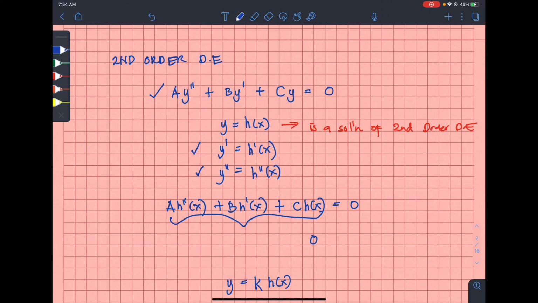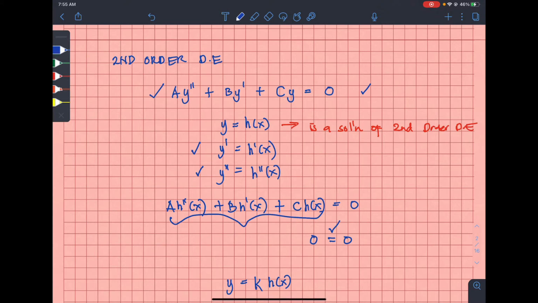So based from this, a y double prime plus b y prime plus c y is equal to 0. In this case, therefore, a h double prime plus b h prime plus c h of x is equal to 0 as well. We're just using a different variable. So therefore, 0 is equal to 0.